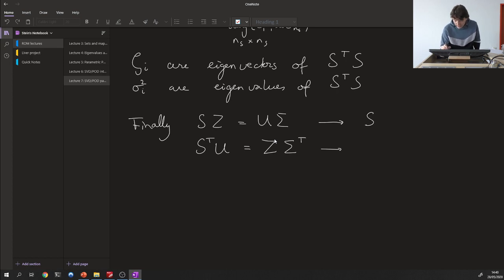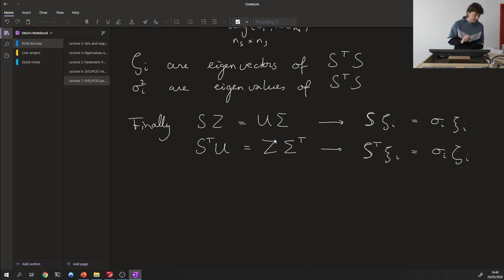The matrix S multiplied by any vector zeta_i is going to be the same thing as sigma_i times psi_i, and S transpose multiplied by any psi_i is going to be equal to sigma_i times zeta_i. So each of the singular values is represented by an eigenvalue problem of the matrix made square, and they also relate to one another with these two rules.